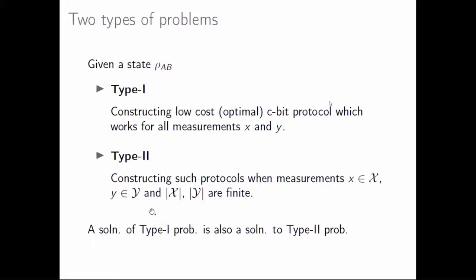On the other hand, the type 2 protocol restricts the measurement set. So here one tries to simulate the Bell non-local quantum probabilities when the set of measurements is defined and it is finite. So here we have only a finite set of measurements from which Alice gets one and Bob gets one, and whatever statistics one can generate, the goal is to simulate with a C-bit protocol.